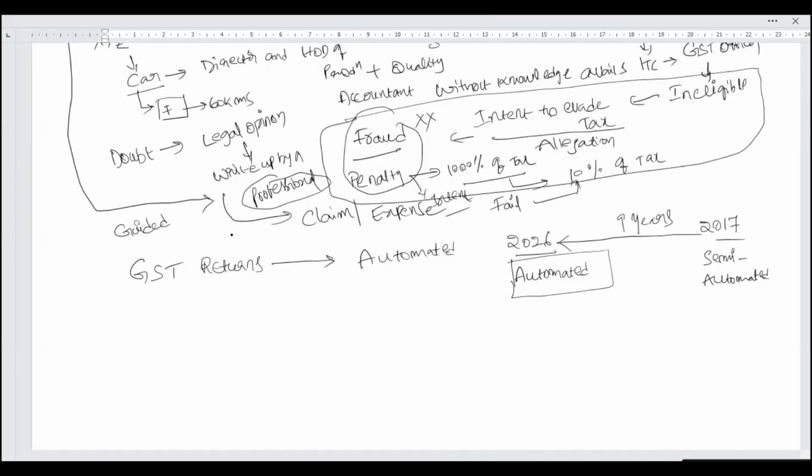The backbone, why this happened, if you try to understand. The fact is, assume there is a GST officer who is called a range officer. This particular range will have on an average 500 to 1000 taxpayers.